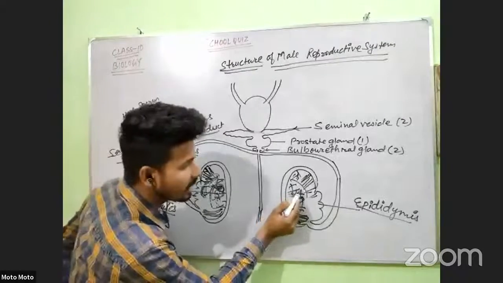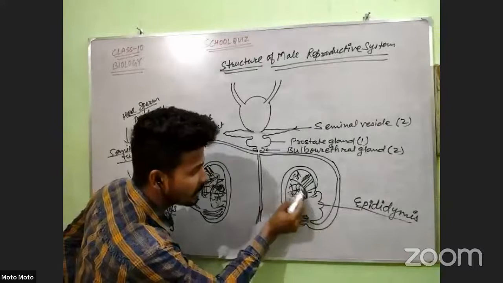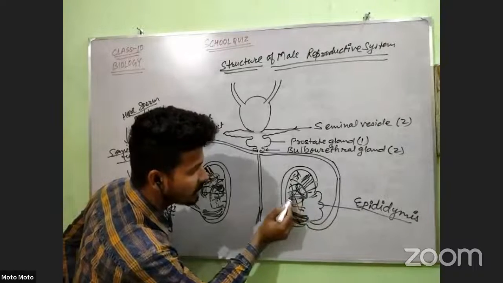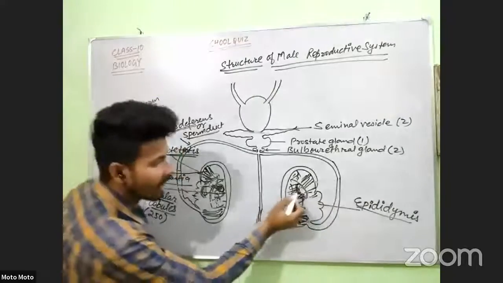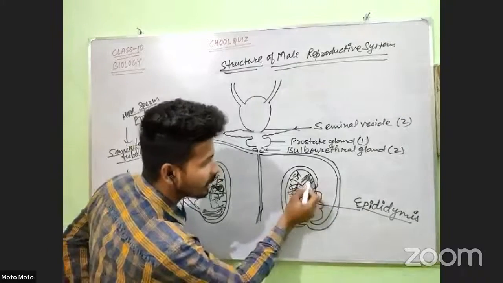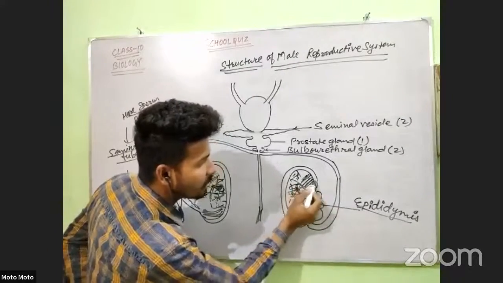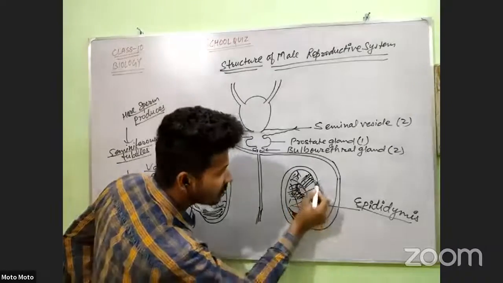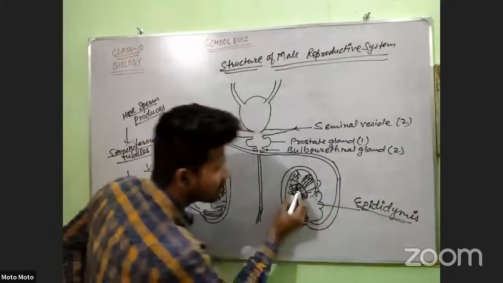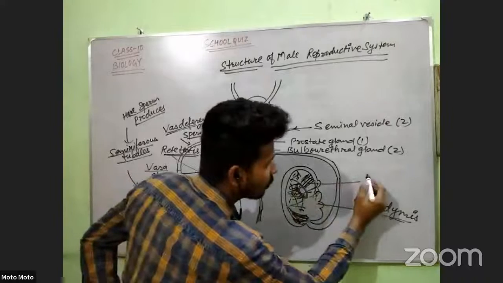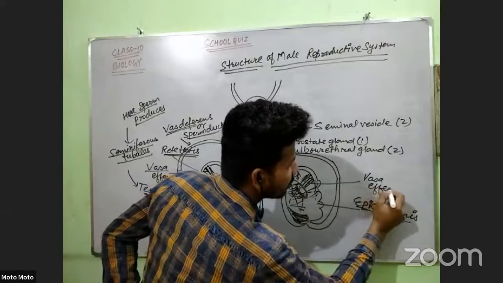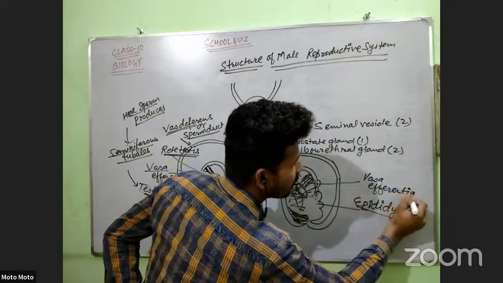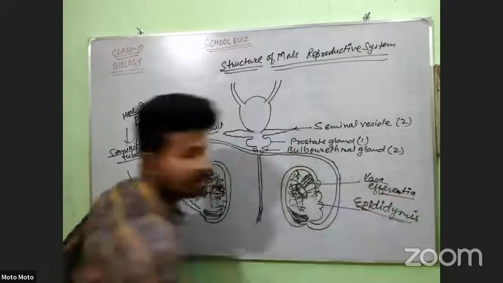Now this duct enters into the rete testis region. This is basically the rete testis region where all the seminiferous tubules are connected, and this rete testis is connected with a fine tubule, and this is connected with this layer. This is called the epididymis, and this duct is called the vasa efferentia. Got it?